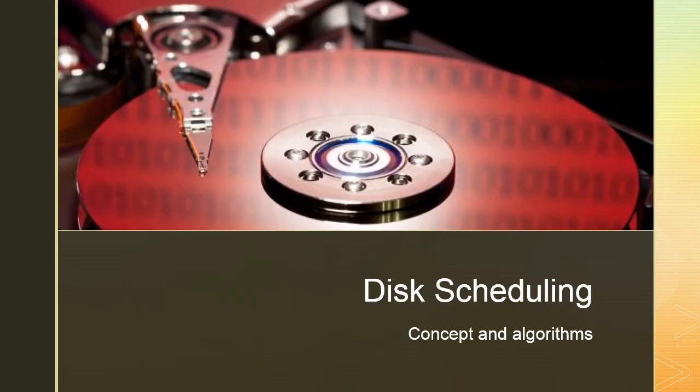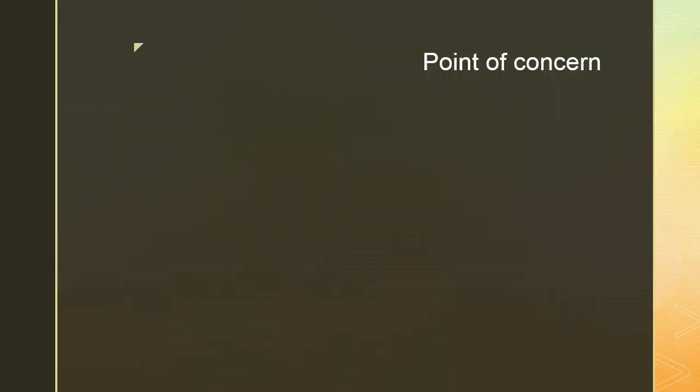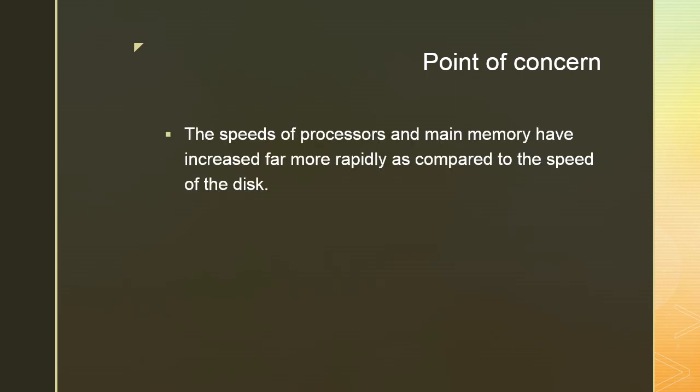We now turn to disk scheduling, where we will examine its performance parameters and talk about various scheduling policies. Let's first talk about a point of concern. The speeds of processors and main memory have increased far more rapidly as compared to the speed of the disk.